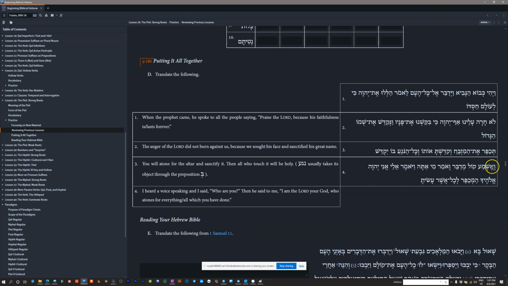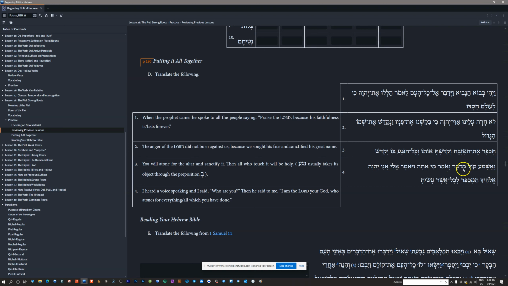And so we can just translate this. Shama in the Qal perfect 3ms is he heard. Here in the imperfect 1cs, it would be I will hear, except the vav relative is going to invert that back to past time. So this is I heard. All right, I heard what? Qol. Voice. I heard a voice.